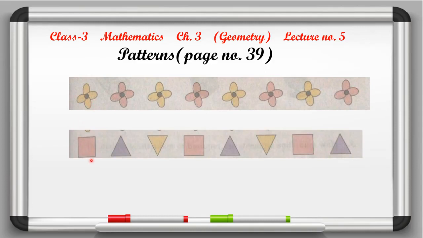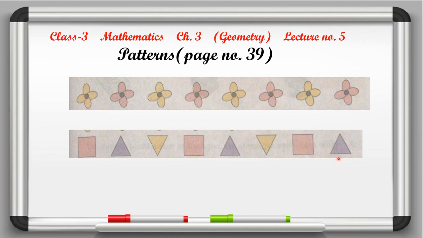This is a pattern of shapes. So here first square is given, then triangle. Okay, then again triangle is given, but in opposite direction, then again square, then triangle in purple color, then triangle in yellow color but in opposite direction, again square is given, then triangle is given.